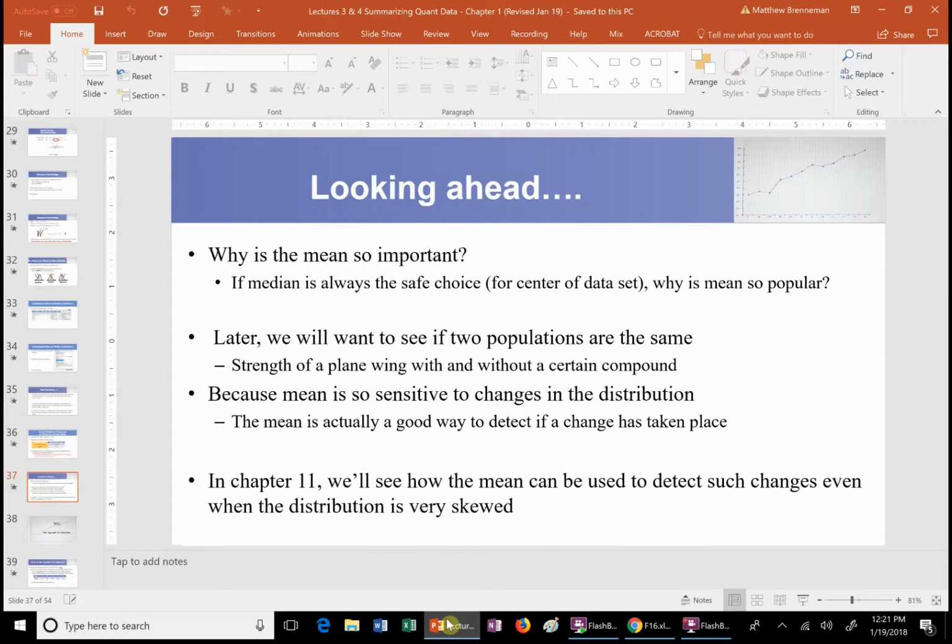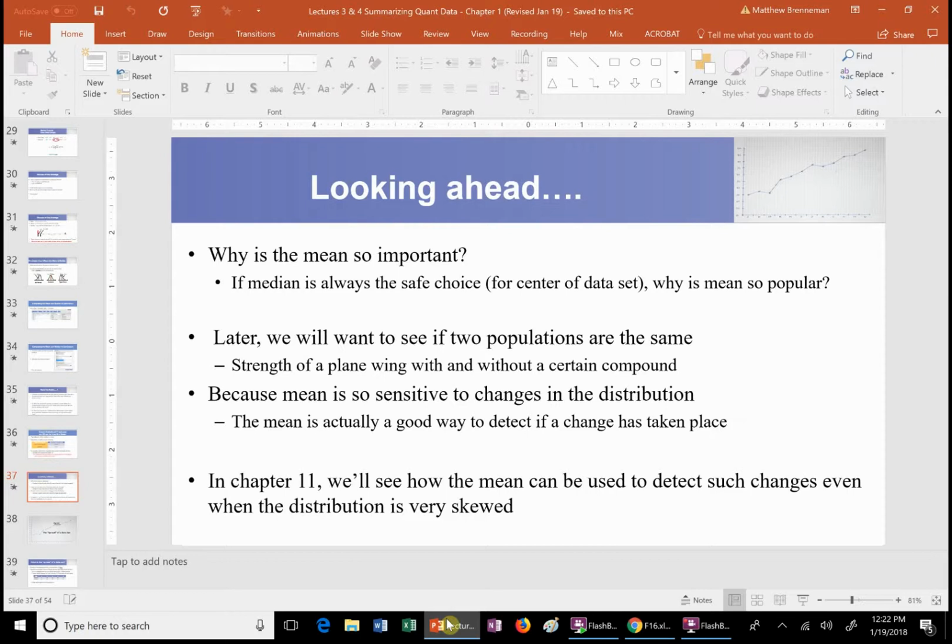One of the big problems we're going to be dealing with is that we're generally going to have two different populations, and we want to see if they're different. So you have some sort of semiconductor that's doped and not doped, and you want to see how the properties are affected. So you actually want a measure that's sensitive to changes. Guess who fits the bill? The mean.